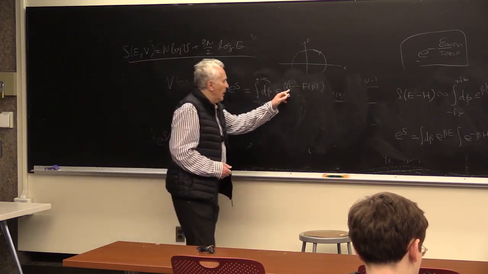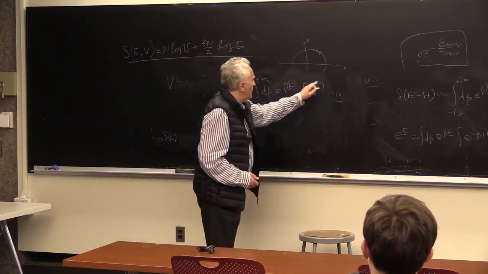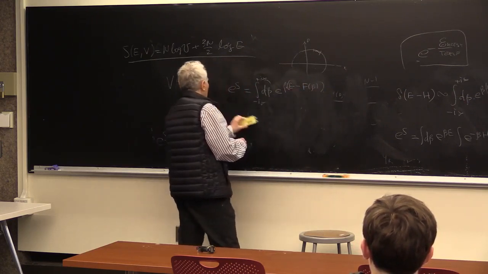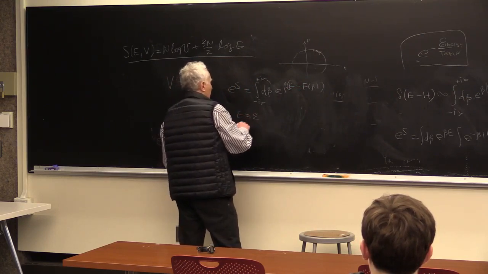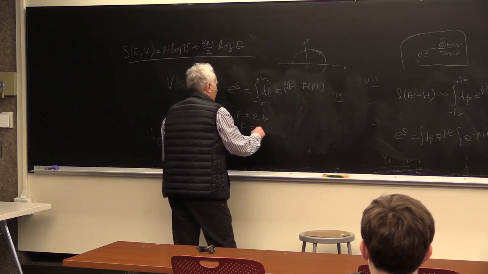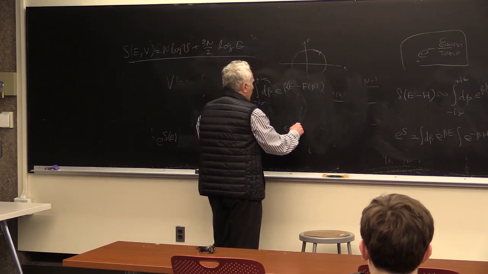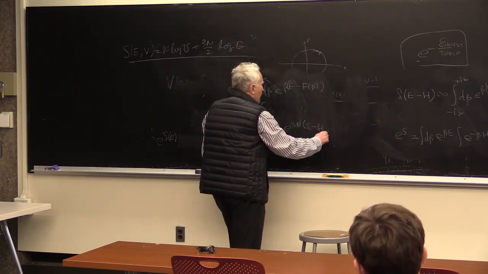So we have a huge factor here in the exponential. For a large number of particles, if you introduce, for instance, epsilon n and f, you will get e to the n times beta epsilon minus f of beta.